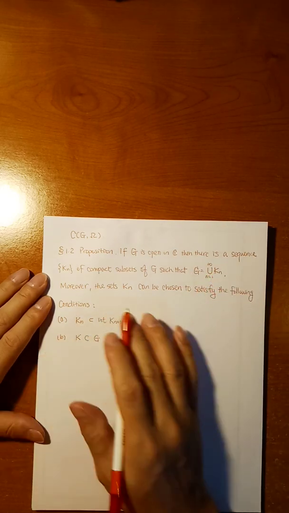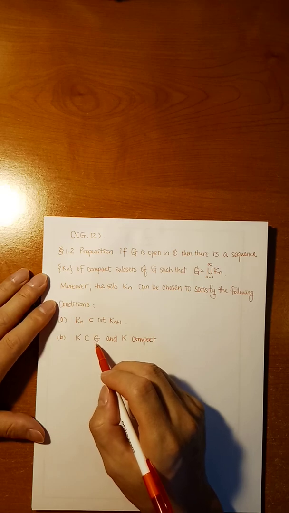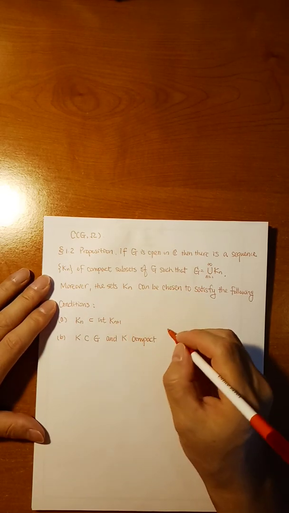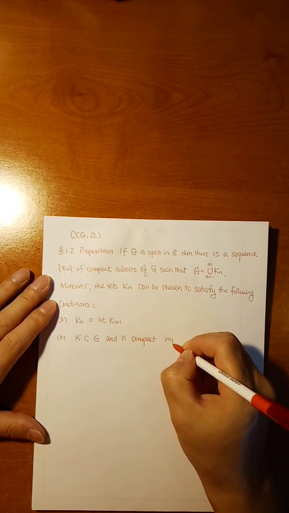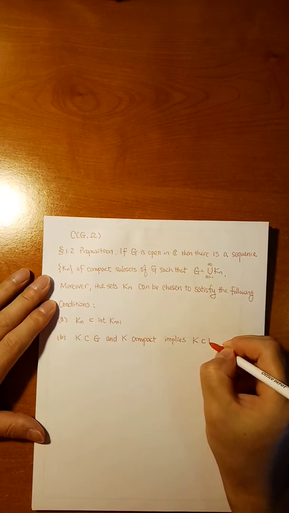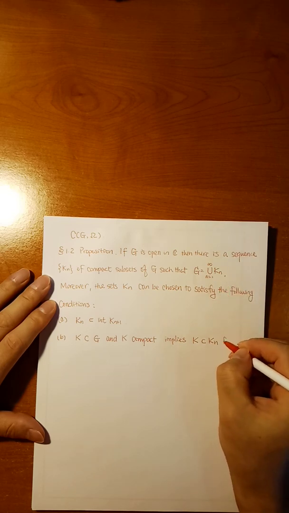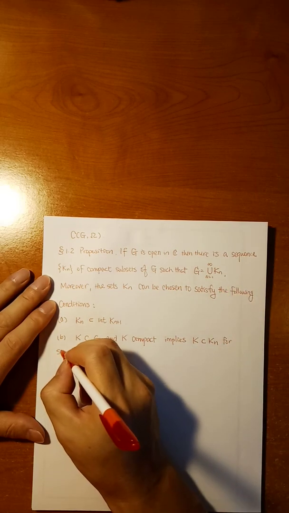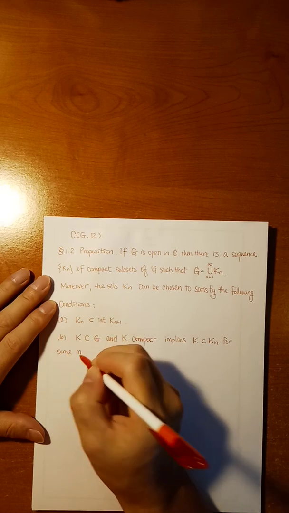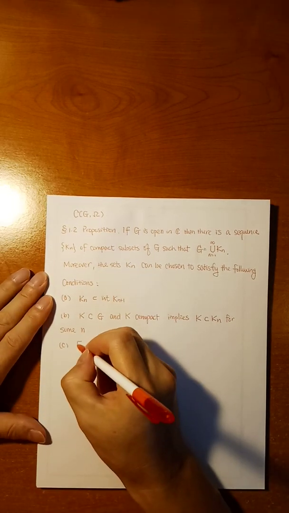For any arbitrary compact set K, so K is a compact subset of G, it implies K is a subset of one of the Kn for some index n.